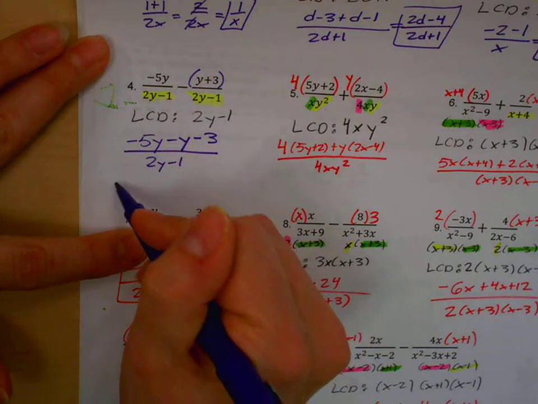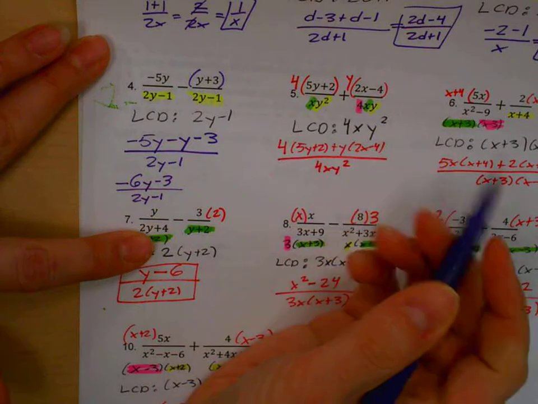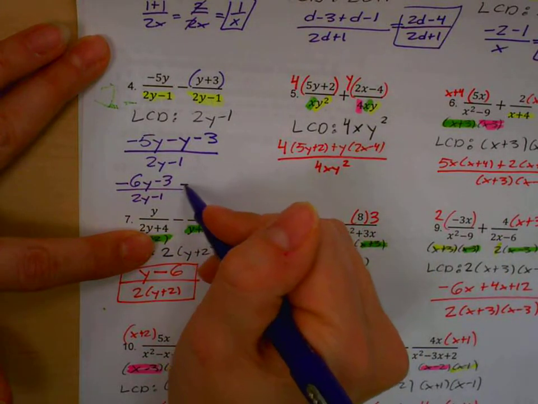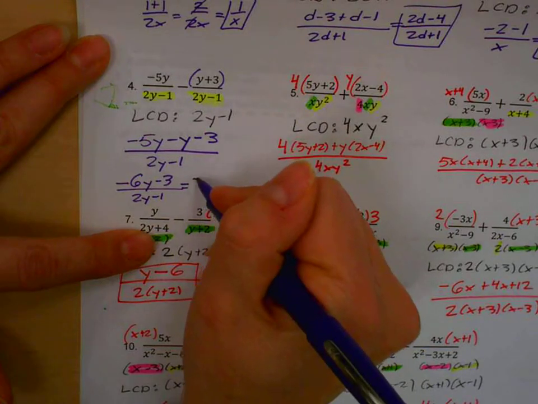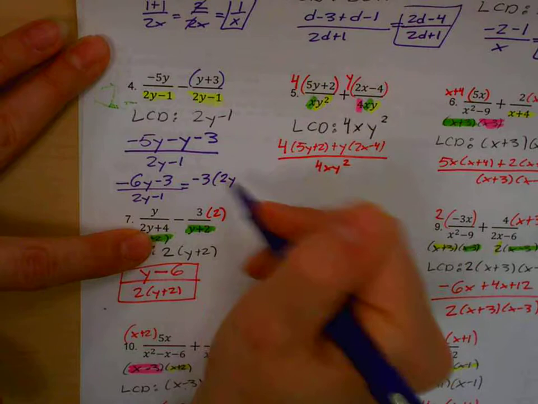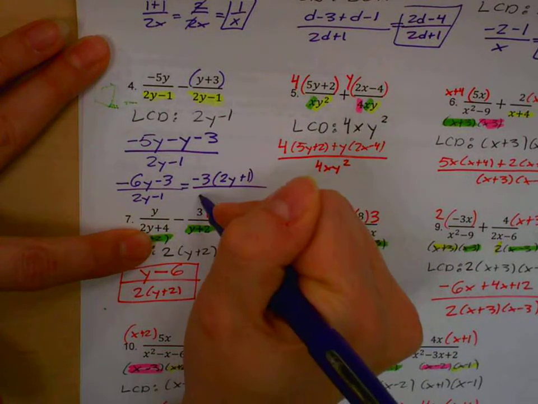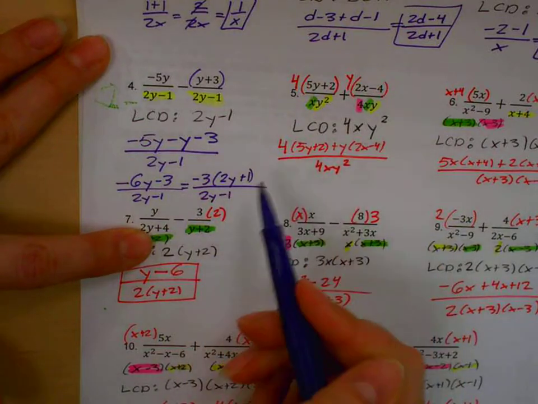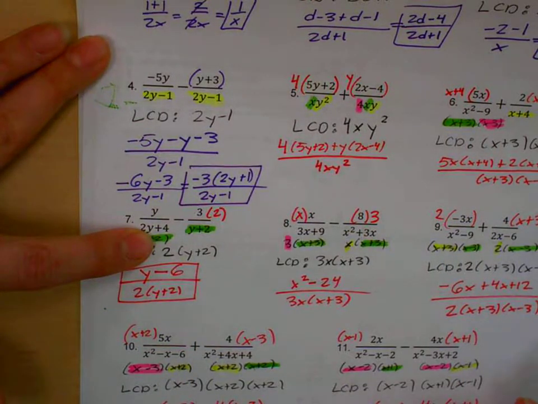When I combine them, I get negative 6y minus 3 over 2y minus 1. I have a GCF of negative 3 here. So negative 3 goes into 6y, 2y, negative 3 goes into negative 3, positive 1. It doesn't actually cancel though because they're not exactly the same. So that's my final answer.